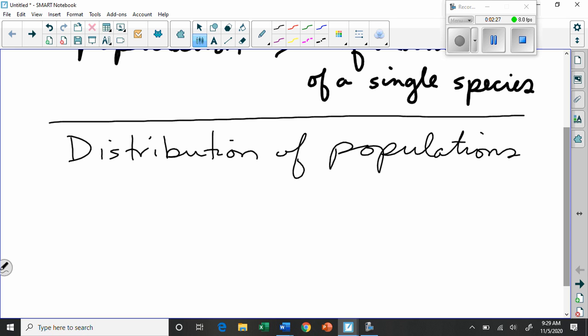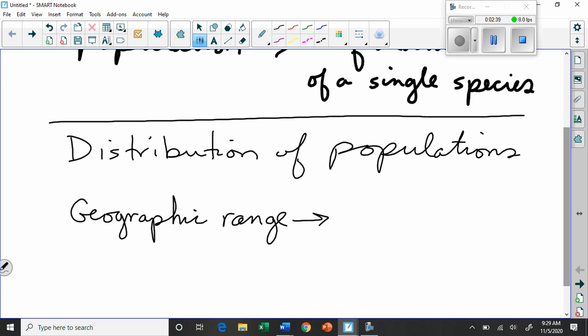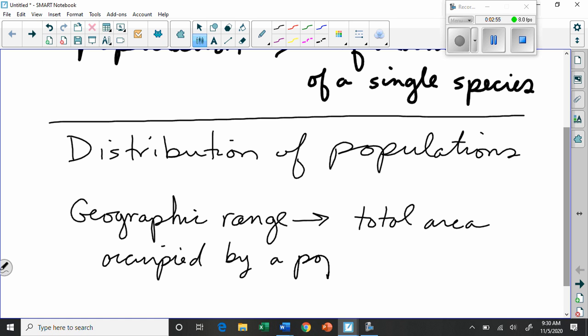So if we look at the geographic range of a particular species, what this is referring to is the total area over which it is spread. The total area occupied by a population.